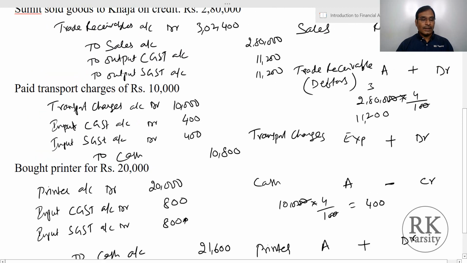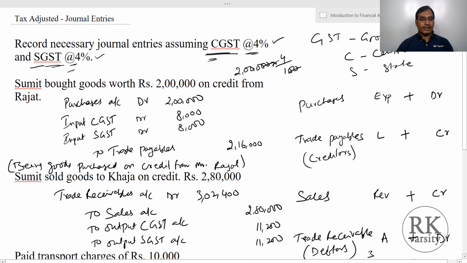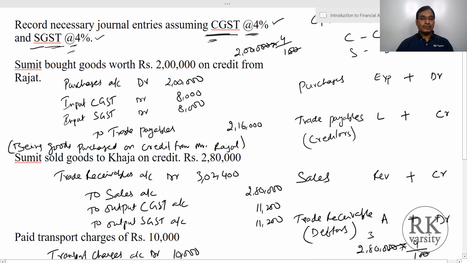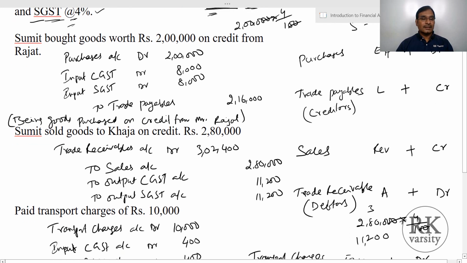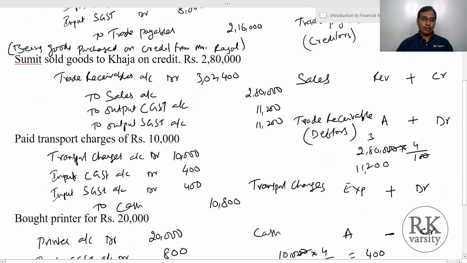So when you have taxes, whether it is GST or any other taxes, and whether you are paying a tax or you are receiving the tax amount, you have to create separate entries in your journal book. So this is how you have to do it. When you have purchases, you have an input CGST, and when you have sales, then you have an output CGST.